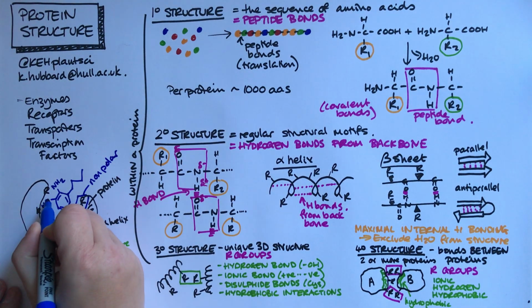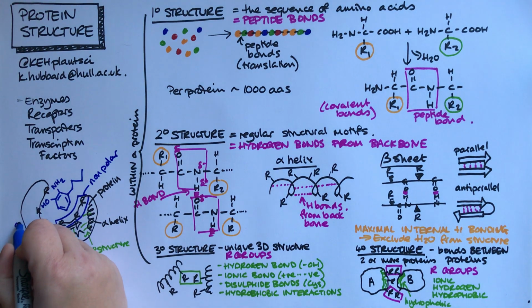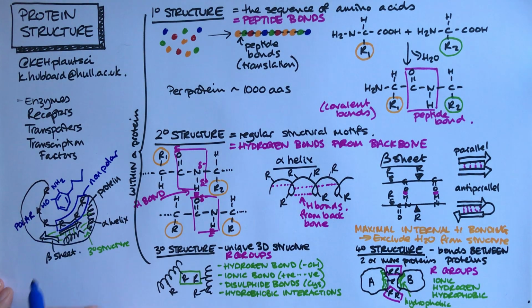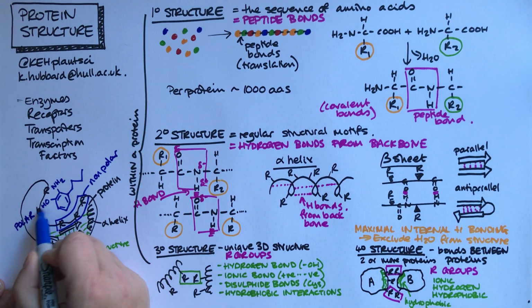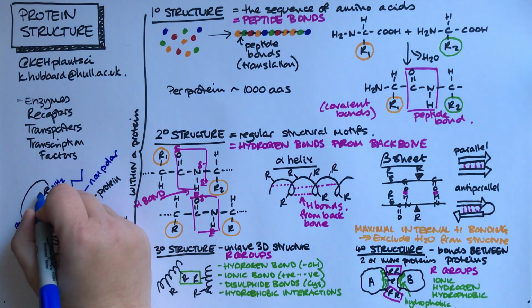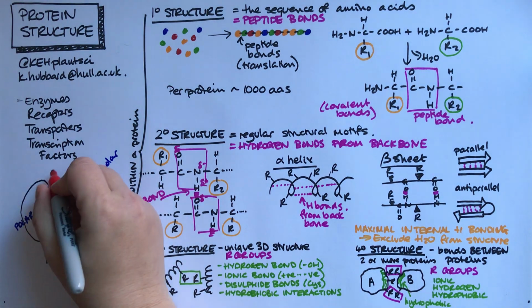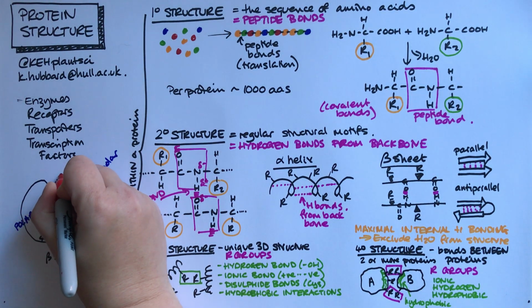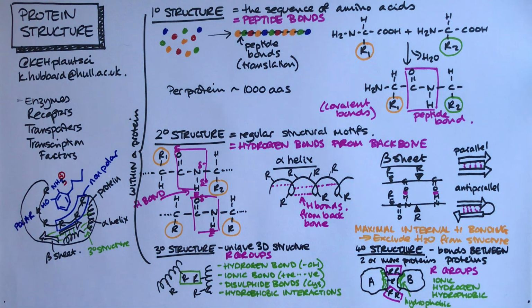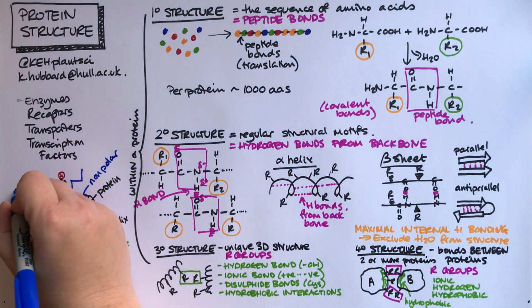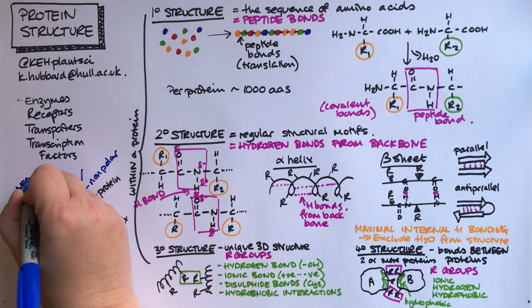This R group here is next to an OH group, so I would expect that to be a polar one, so that it could form a hydrogen bond with that OH group. And then this R group here, well, we probably know that NH2 when we're in the cell is nearly always NH3+. So that's positively charged, so I would expect that this R group here would be negatively charged.